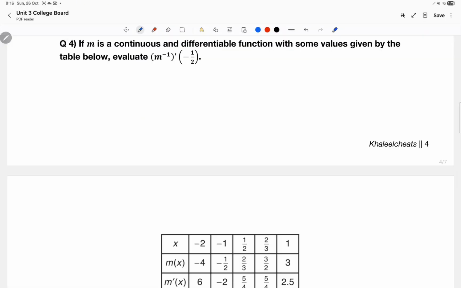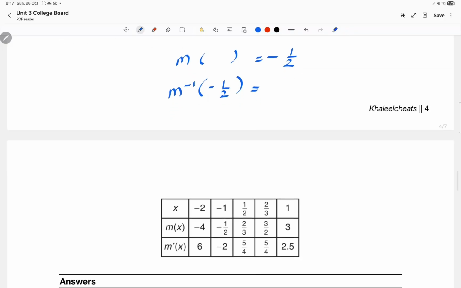Okay. Now for question 4, it says, if m is a continuous and differentiable function with some values given by the table below, evaluate the derivative of the inverse function of m at -1/2. Now first of all, if we have the m inverse function of -1/2, that means we had m of something that gave us -1/2. So the m of x gave us -1/2.